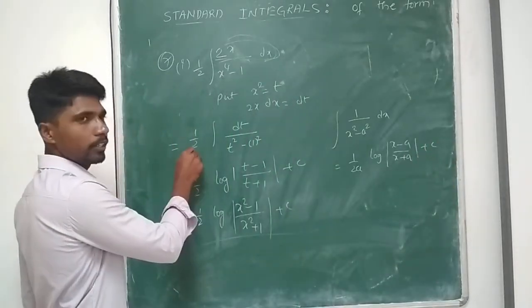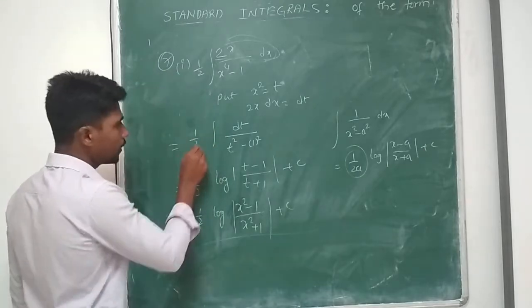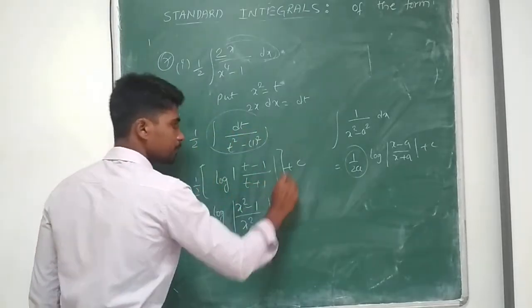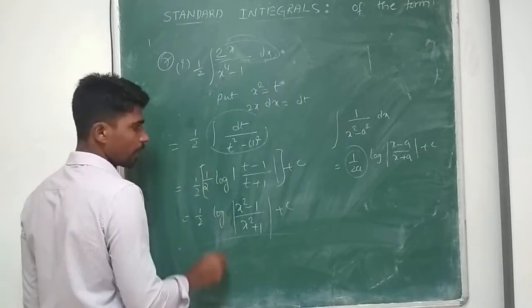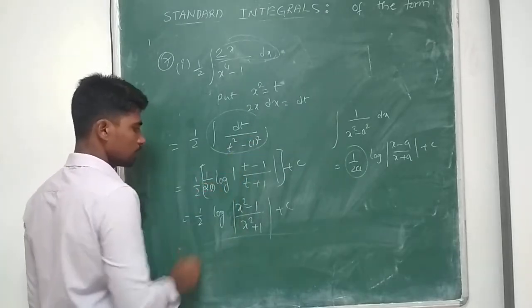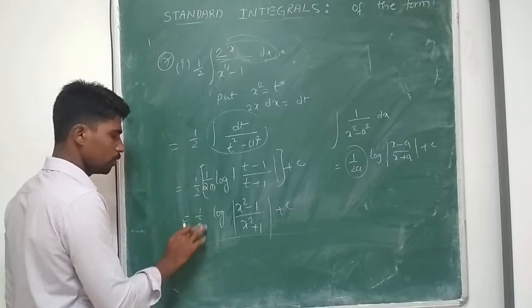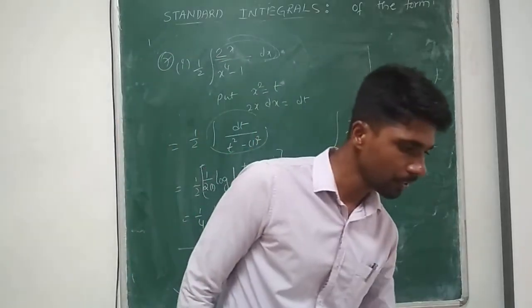By seeing this 1 by 2, I just forgot that part. This 1 by 2 is the multiplication of the integral, so it is separate. So I need again 1 by 2a. 2 into the value of a, which is 1, so 1 by 2. So 1 by 2 into 1 by 2, 1 by 4 into something is our answer.